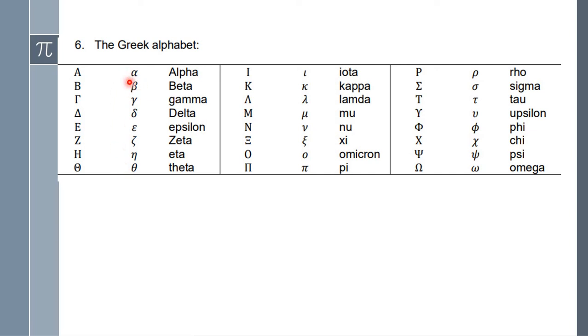Maybe you have also heard of alpha, beta, gamma, delta. These are familiar words also used by fraternities and sororities, but they come from the Greek alphabet.